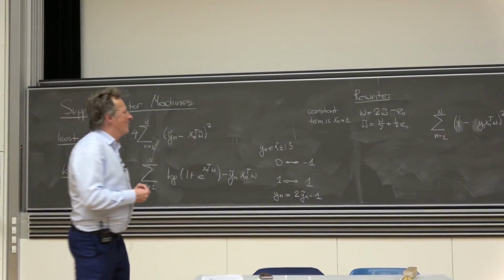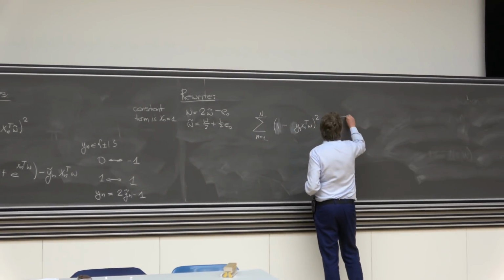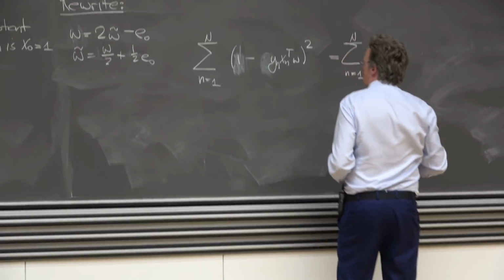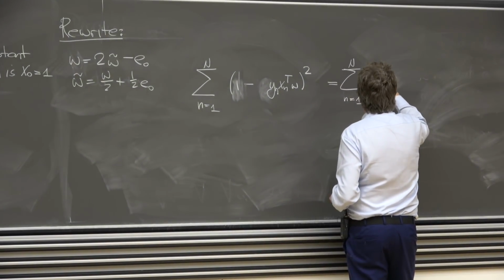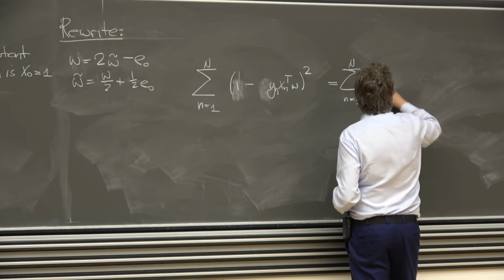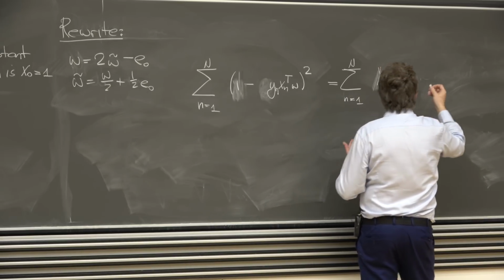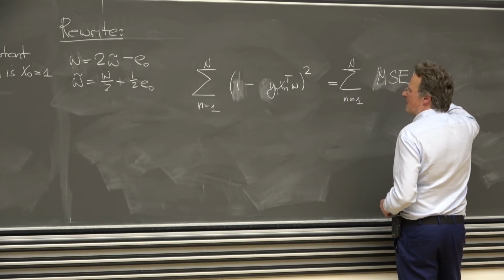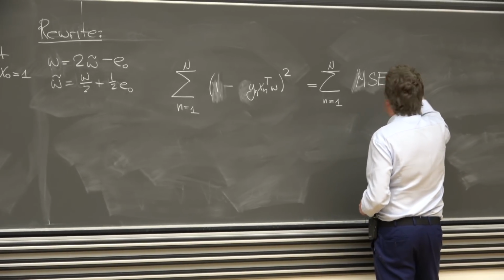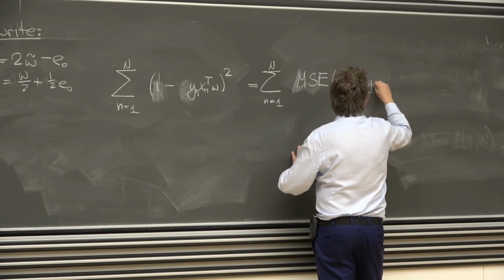And so let me write this down now in the following form. This is the sum n is 1 to N, and let me write this as mean squared error. I think in the notes I write it as mean squared error instead of least squares. And so this depends on two things, namely the x_n transpose w and the yn.